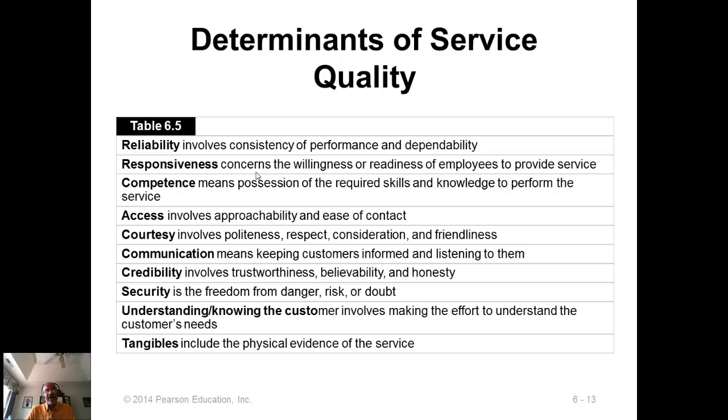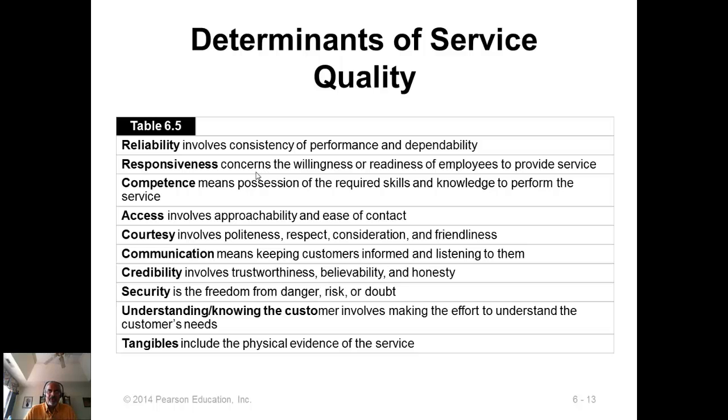Courtesy is another dimension where you want to be respectful and friendly and polite to your customers. Communication means keeping the customers informed. Credibility is trustworthiness and being able to deliver on the promises you make. You make a promise, you deliver on the promise. Security is the freedom from danger. So your passwords are secure, your credit card information is secure, and so on.